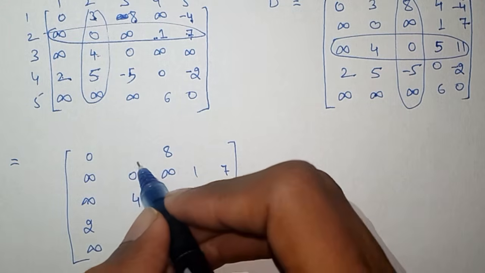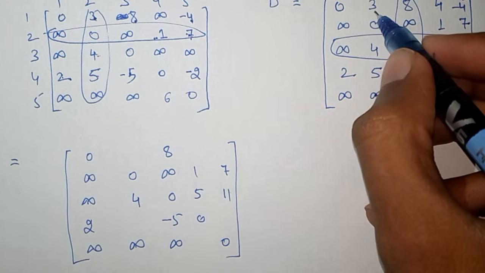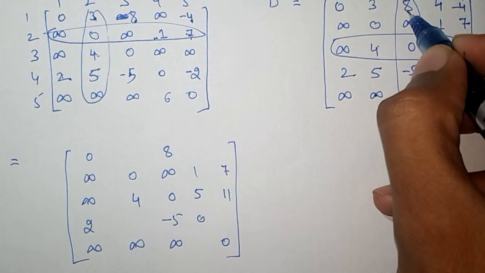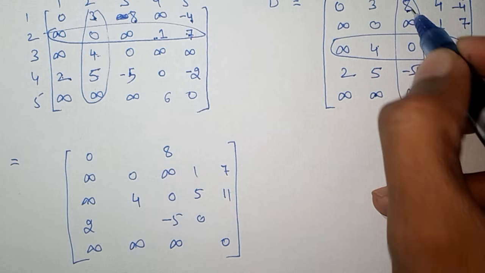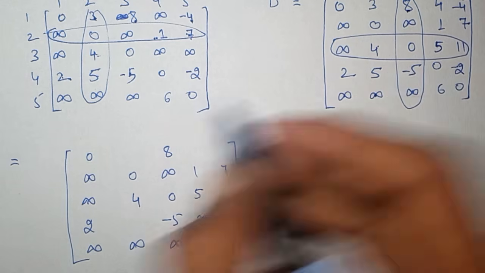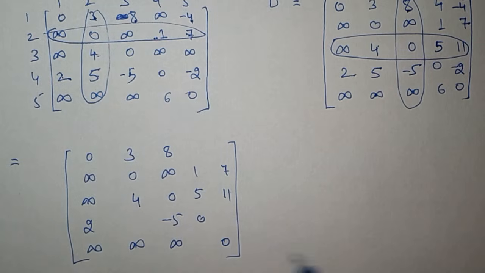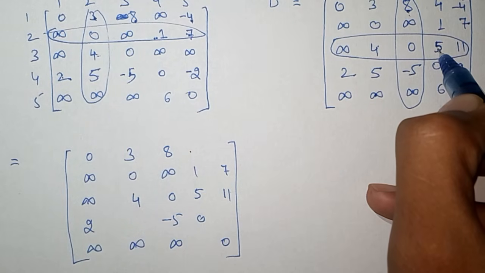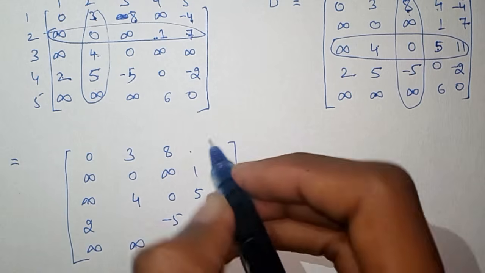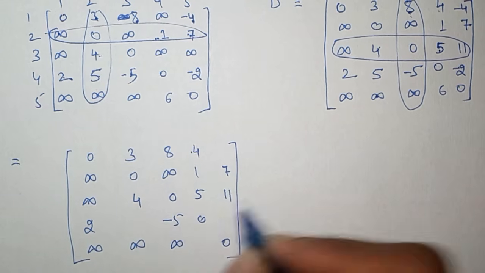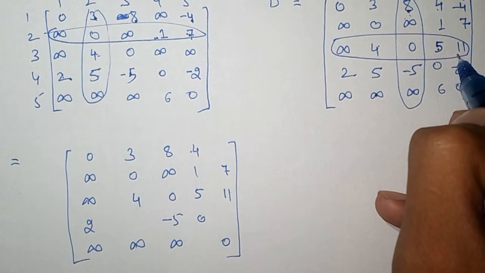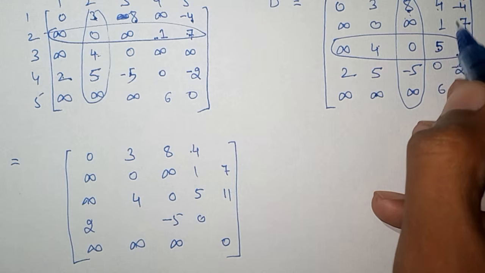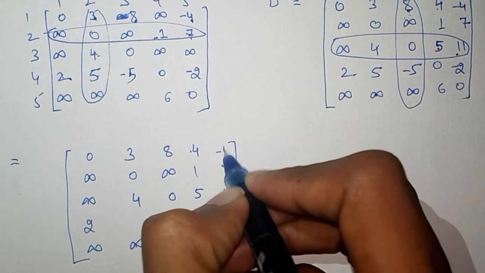This element can be found by summing up 4 and 8, which is 12, which is not less than 3, so there is no change in the element. For this element, 8 plus 5 is 13, which is not less than 4, so there is no change, and 8 plus 11 is again 19, which is not less than -4, so there is no change.